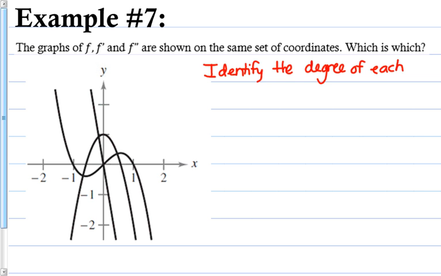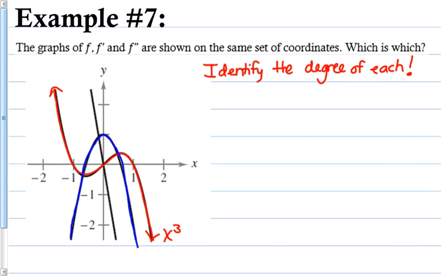Now when I say degree, I'm talking about the exponent. For example, this function right here. This is a cubic, right? This is a cubic function. This is x cubed. The parabola, upside down parabola, just happens to be negative, no big deal.